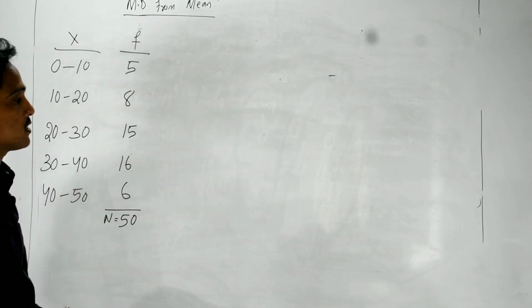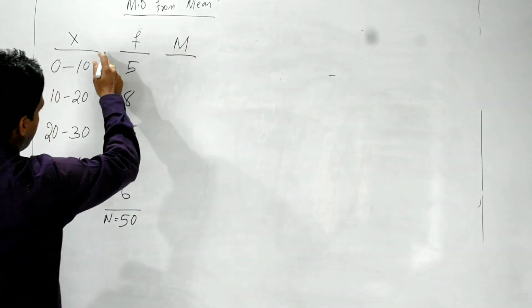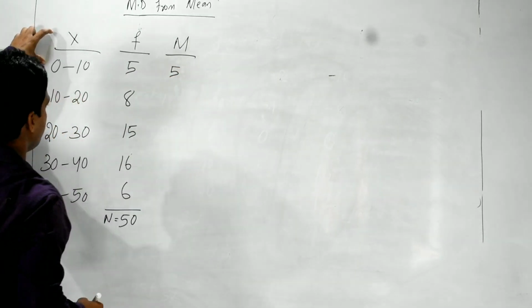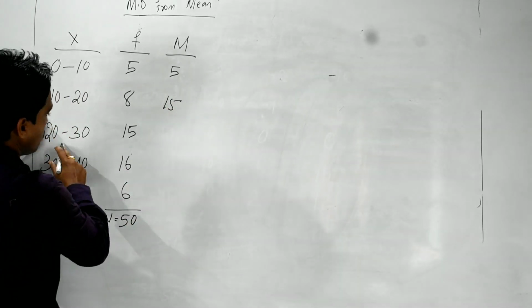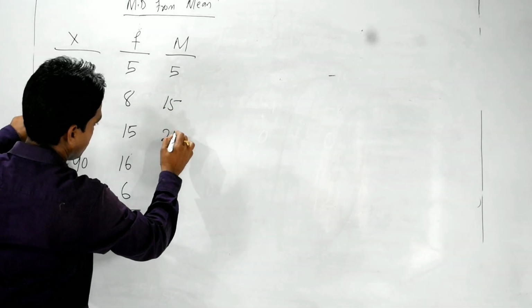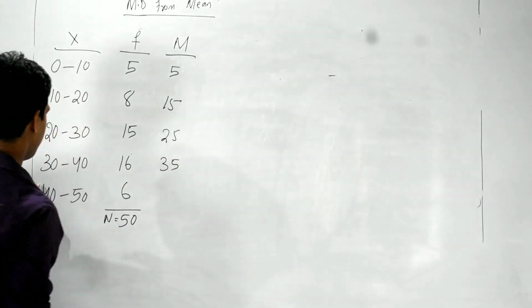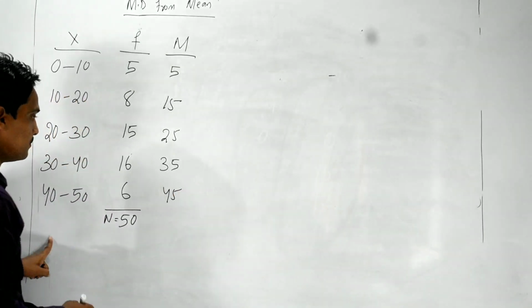Find the midpoint of each class: 0 to 10 midpoint 5, 10 to 20 midpoint 15, 20 to 30 midpoint 25, 30 to 40 midpoint 35, 40 to 50 midpoint 45.